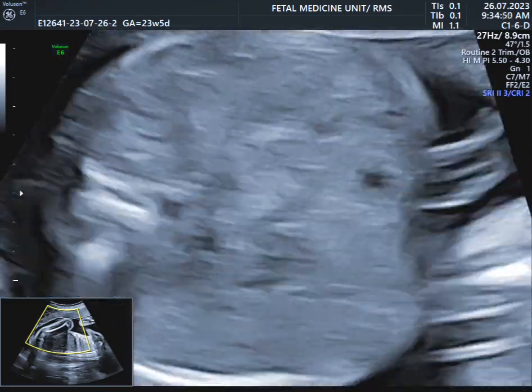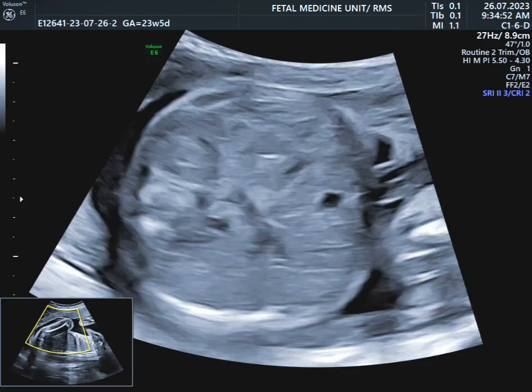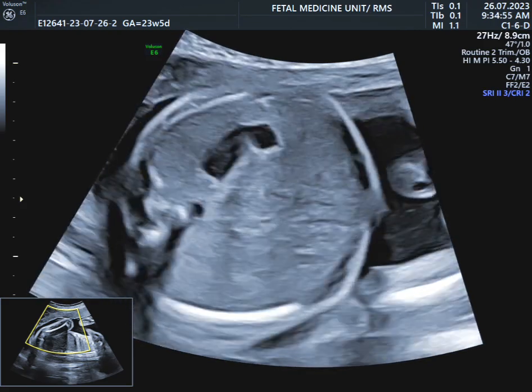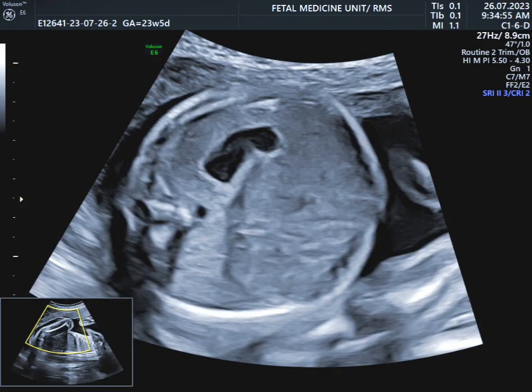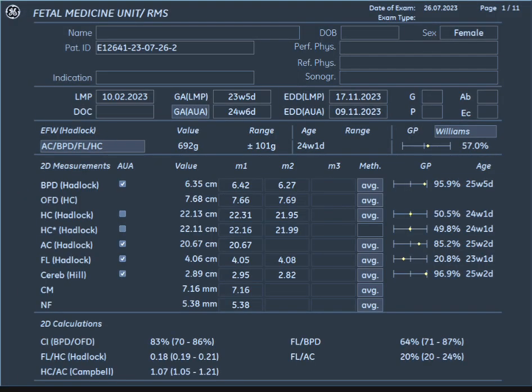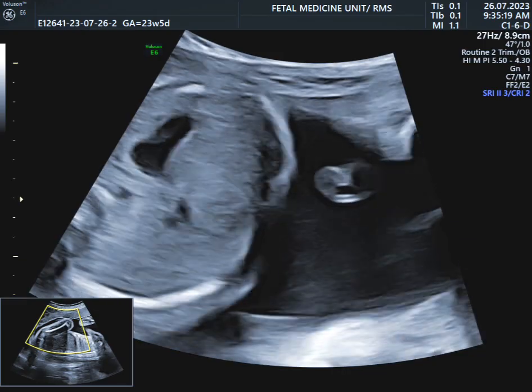Again, the cord insertion. Then we try to get, yes, this is the stomach. This is the abdominal circumference. We have to see two straight ribs, the vertebra, stomach, and the intrahepatic part of the umbilical vein. But I could not get it in this view, but it's okay. Then go to this measurement to see the growth on the 57th centile.